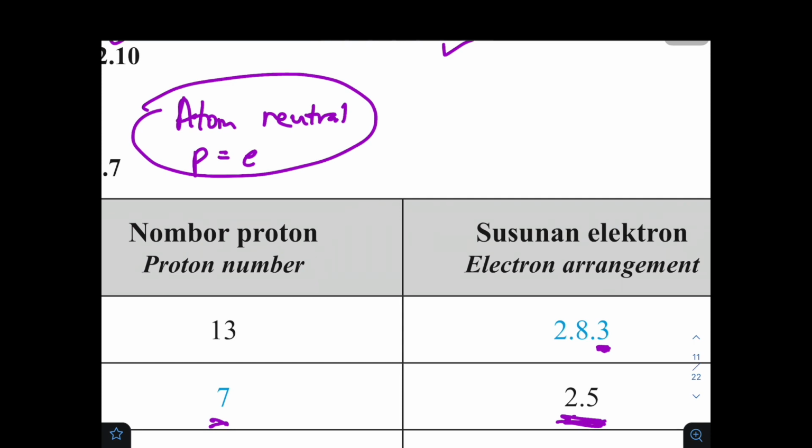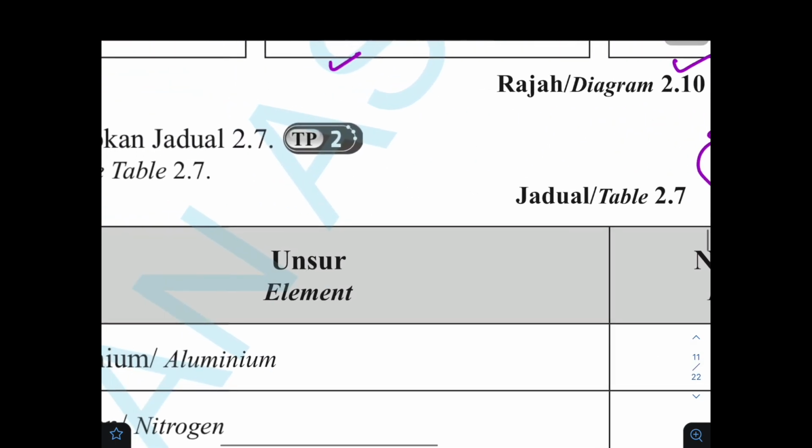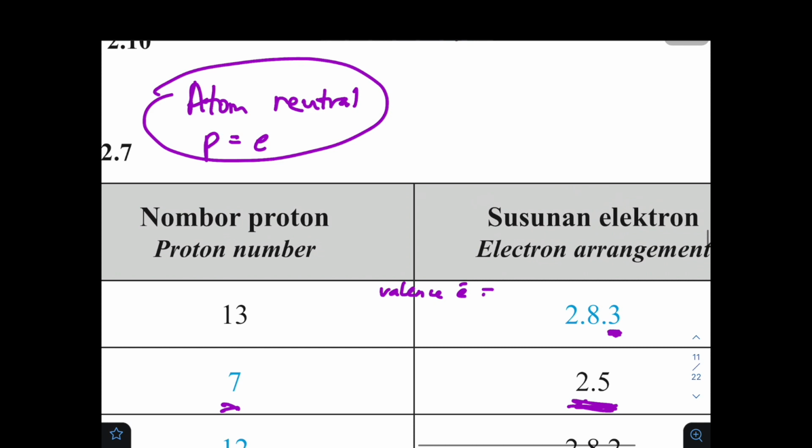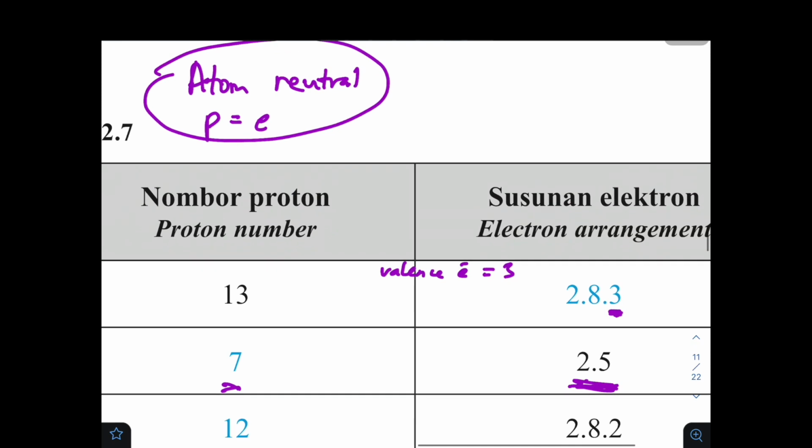So the valence electron for aluminium atom is 3. Right? Why is it 3? Because the electrons that occupy the outermost shell of an atom number 3. Elektron yang berada di shell yang paling luar adalah 3. Jadi valence electron adalah 3. Right?